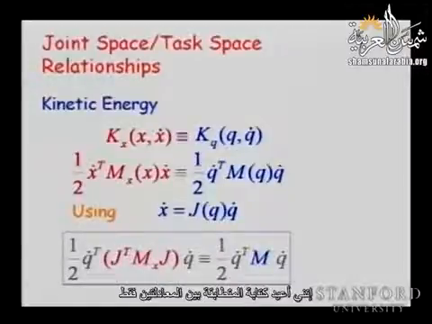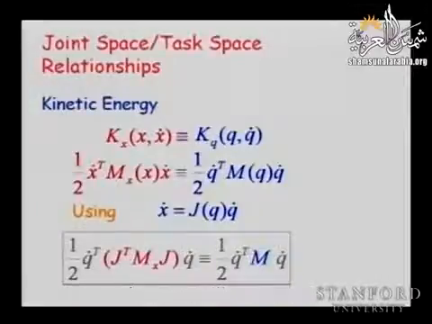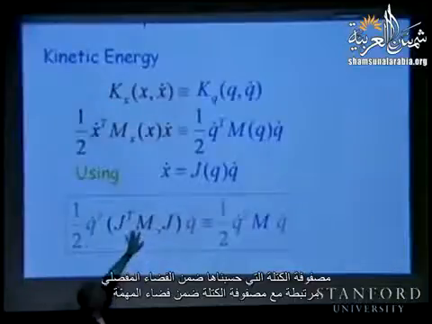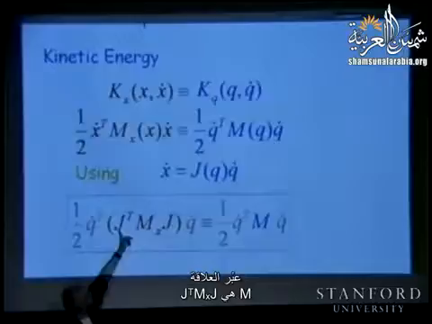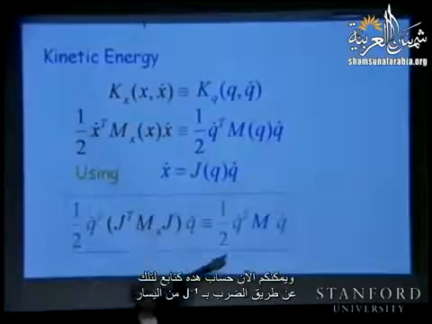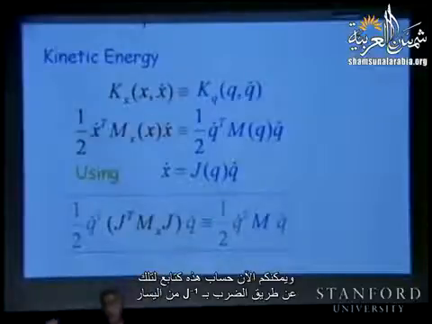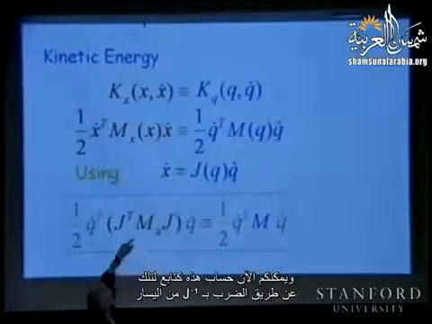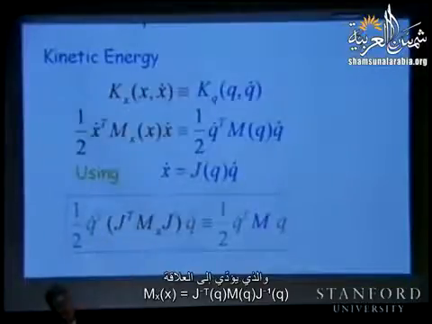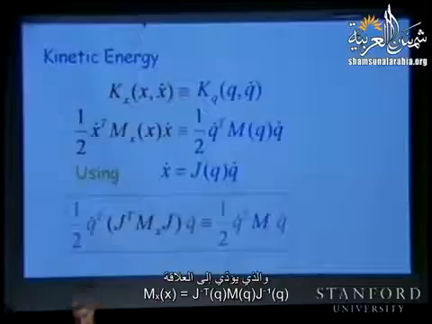So I'm just rewriting the same identity between the two. And the mass matrix we computed in joint space is related to the mass matrix in operational space by just M equals J transpose Mx J. Which now you can compute as a function of this by multiplying from the left with J minus transpose and from the right by J minus, which gives you Mx equals J minus transpose M J minus 1.